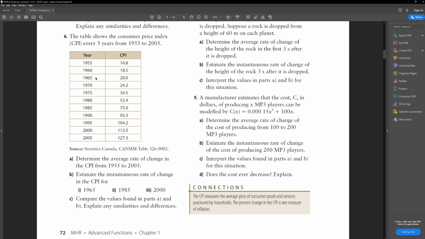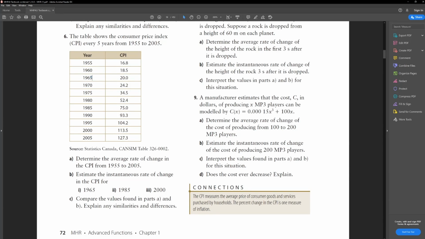Then for part B, it wants us to estimate the instantaneous rate of change in the CPI for 1965, 1985, and 2000. Well, what we have to do here, since we have a table, is use the values beneath it and the values in front of it. So for 1965, we have to use 1960 and 1970.